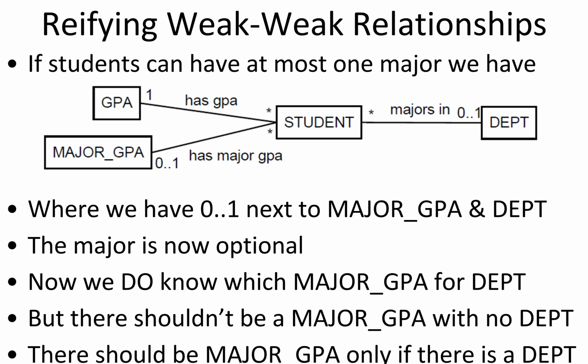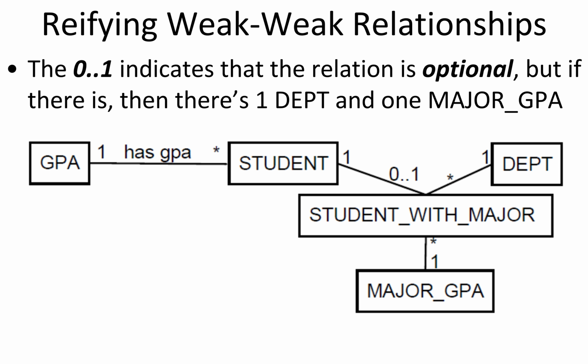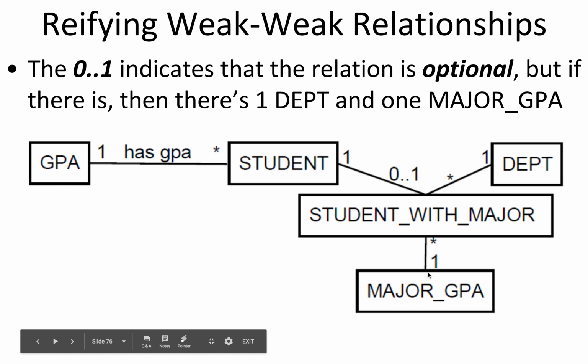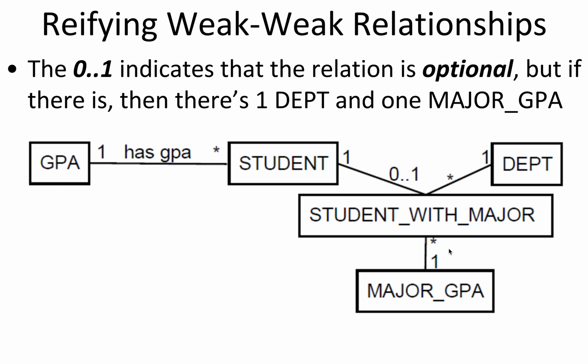Yeah, which could be fixed by another relation between the department and major GPA as 1 and 1. Right, exactly. So this is what it's trying to do here. We are capturing that three-way relationship, saying the whole record is either-or. This one says what department you're in and which GPA you have, and this actually allows you to have multiple GPAs for multiple departments, and it could be a 0 or 1 for each one of them.